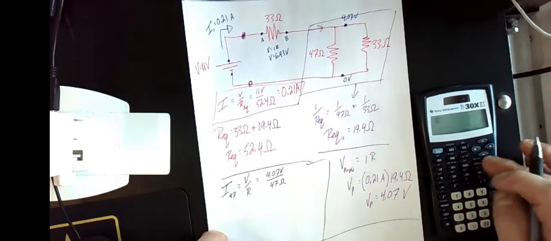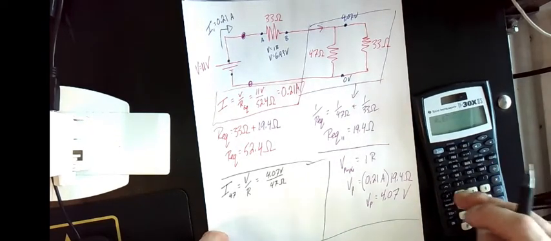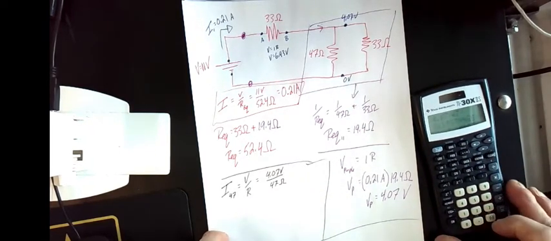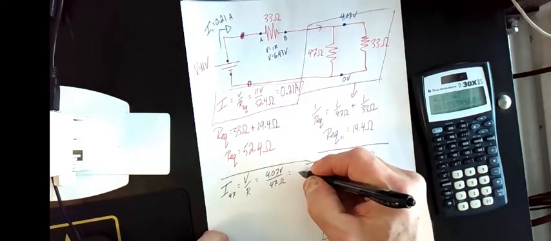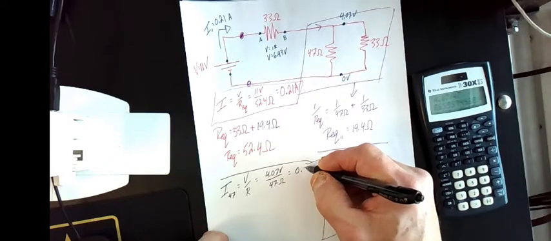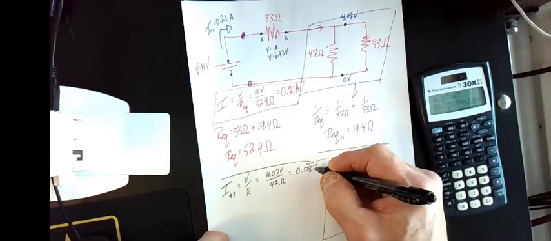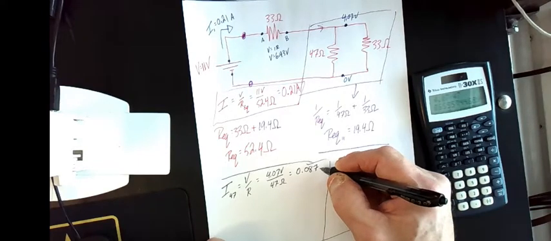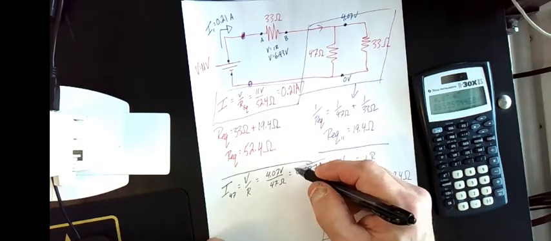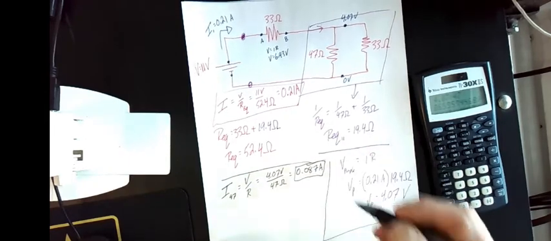I'm getting 8.66 E negative 2, 0.087. We showed that before to be 0.094, so we're expecting a little bit less current there, shy of 0.09.